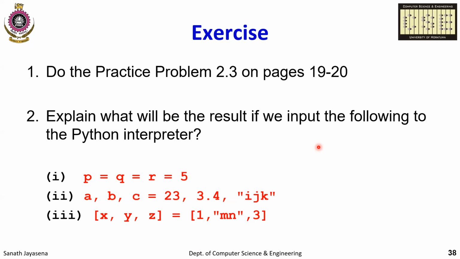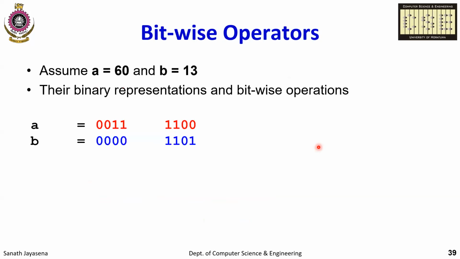Let's then go to the next type of operators and operations, bitwise. For this discussion, let's assume the value of A is 60 and B is 30. Now here we can assume that maybe 60 is assigned to A, 13 is assigned to B, or even just assume that in mathematical sense.